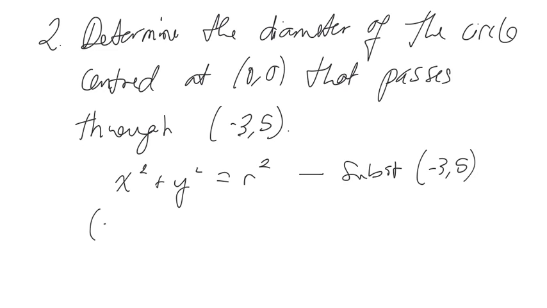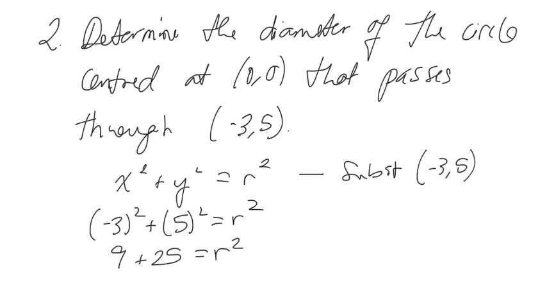So I have negative 3 squared plus 5 squared equals r squared. Work this out. Negative 3 squared is 9 plus 25 equals r squared. Add those together, and I have 34 equals r squared.